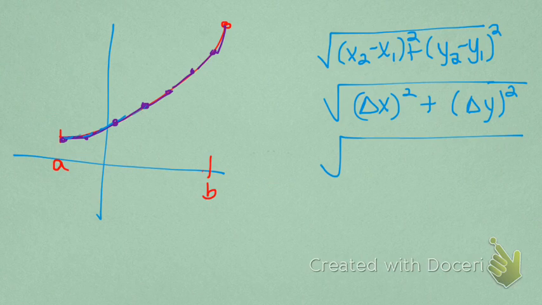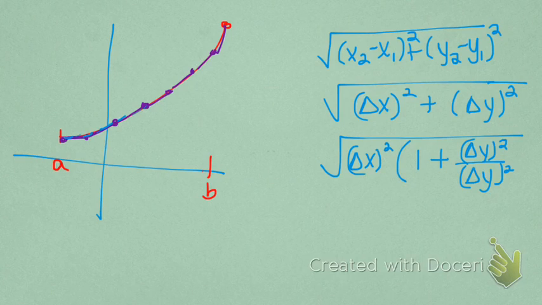The next few steps, you're not going to know why you would do what you would do, but I'm trying to show you how to get to the formula. So what you could do is you could factor out the change in x squared. You'd end up with 1 plus, right, if I take the change in x squared out of that change in y, you end up with something that looks like this.